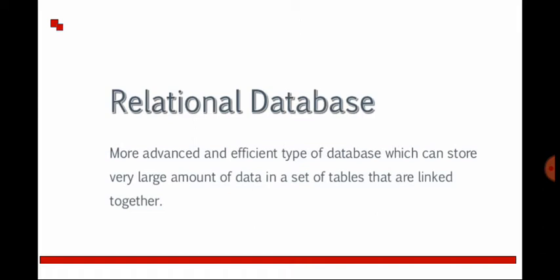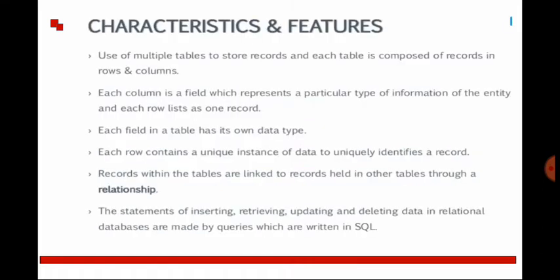Here the different characteristics and features of relational database. It can use multiple tables to store records, and each table is composed of records in rows and columns. That means species name, nucleotide sequence, database sequence, and all the information about it are stored in table format.